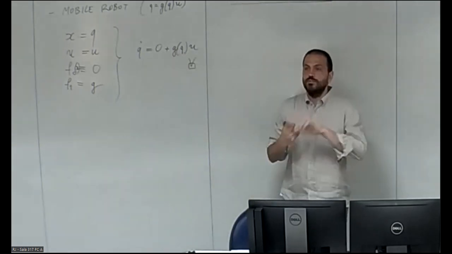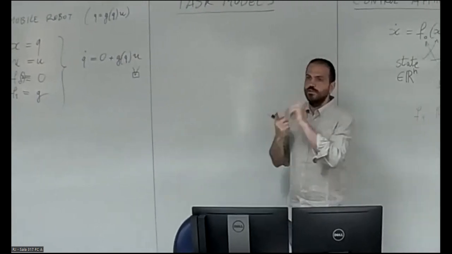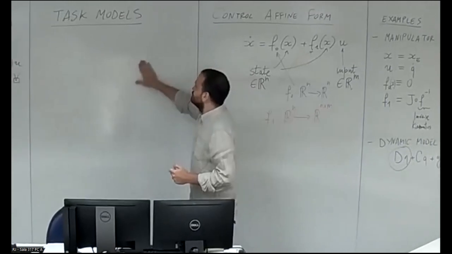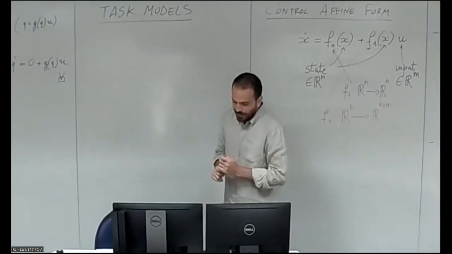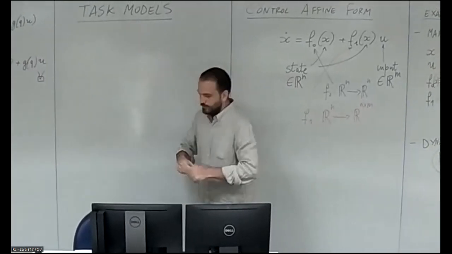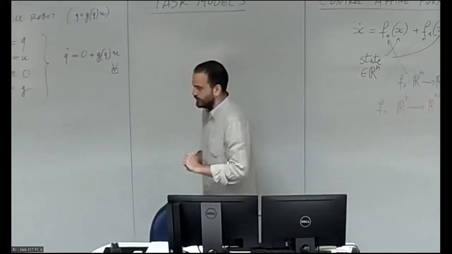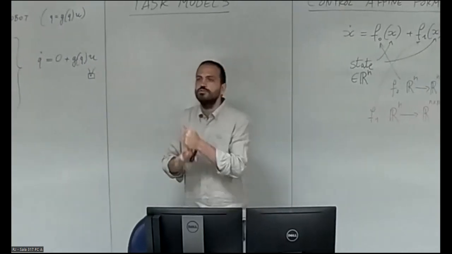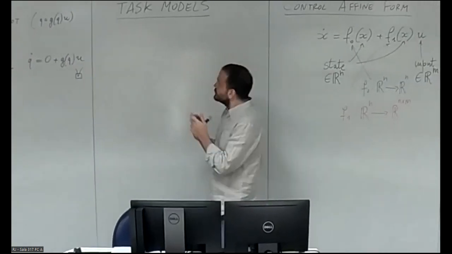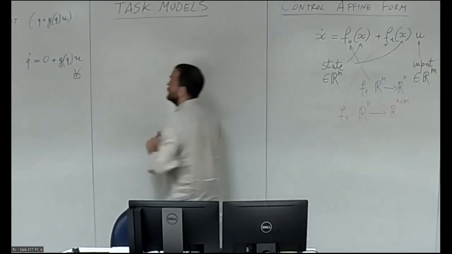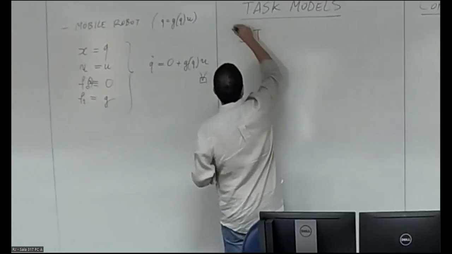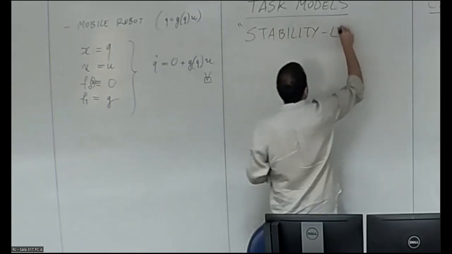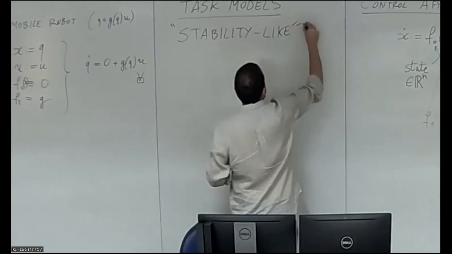We will see 2 task models in this course. One today, one next time, on Wednesday, which are very useful to express a lot of robotic tasks. We'll see there are plenty of behaviors that you can achieve using these 2 models of tasks. The first one of which is the so-called stability type tasks.